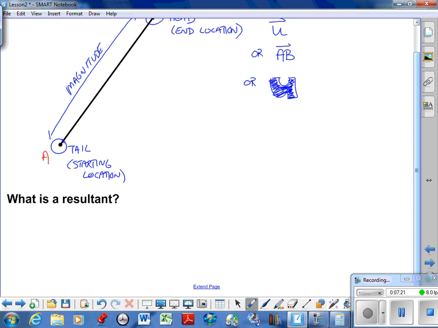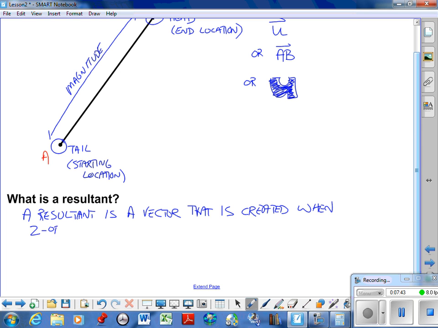What is a resultant? A resultant is a vector that is created when 2 or more vectors are added or subtracted.